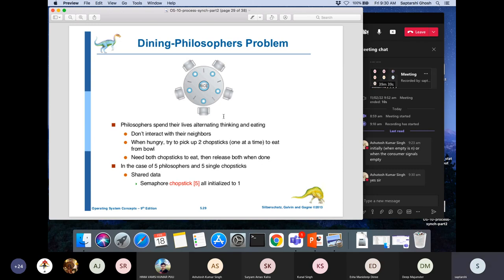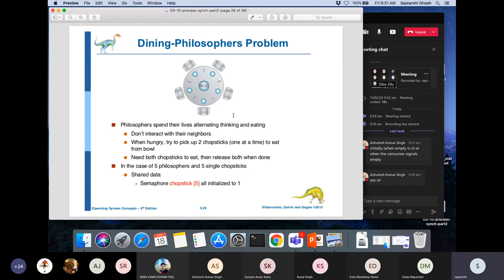By the way, we are assuming here that philosophers are very disciplined people. So this philosopher will not try to jump and get this chopstick. They will only eat when both the chopsticks near him or her are available. That is why, when this philosopher has grabbed these two chopsticks and is eating, these two philosophers cannot eat because they won't get two chopsticks. Okay, this is the problem.